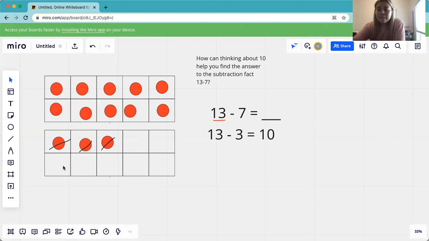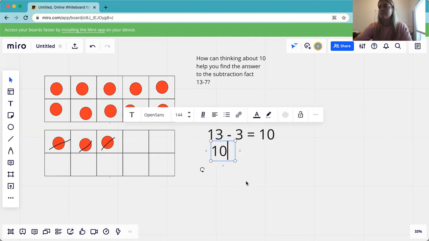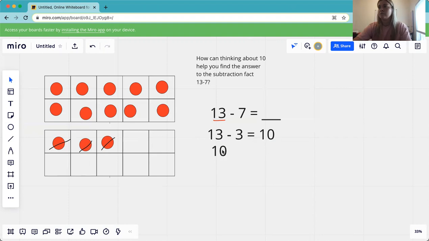All right, now I need to figure out how many more I need to get rid of. Looking at this, I know that I already got rid of my 3. So now I have my 10. Starting out with my 10, I need to get rid of 7 altogether.